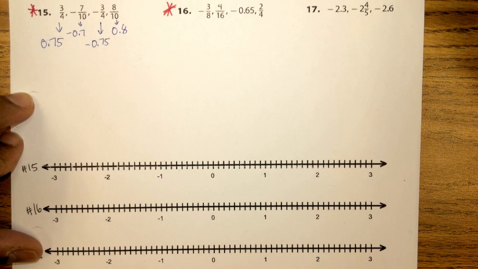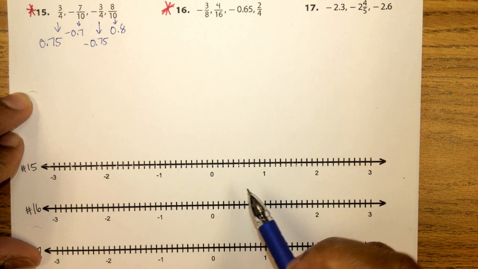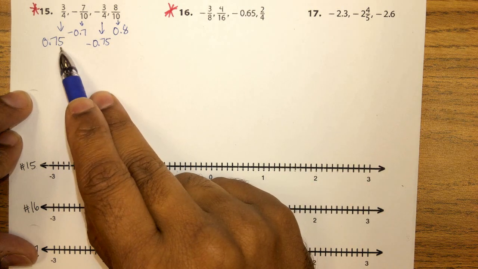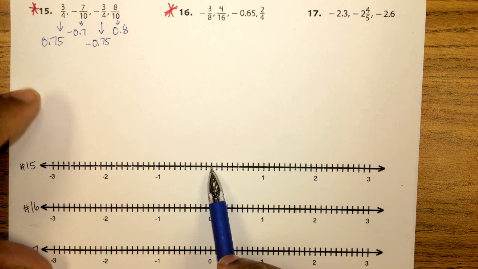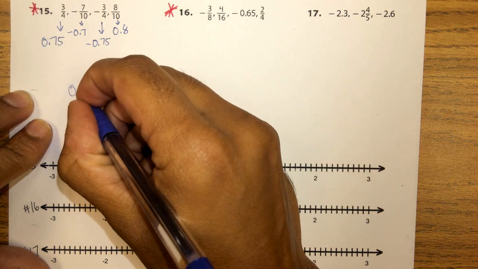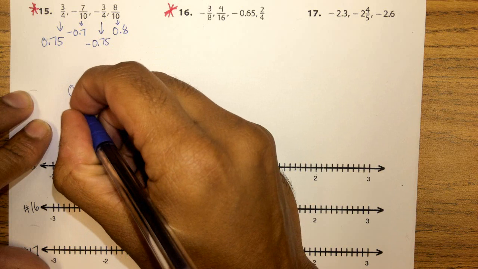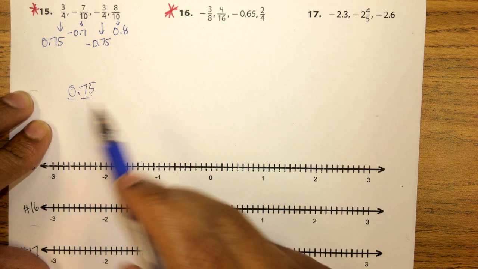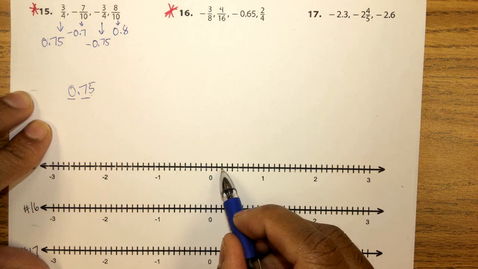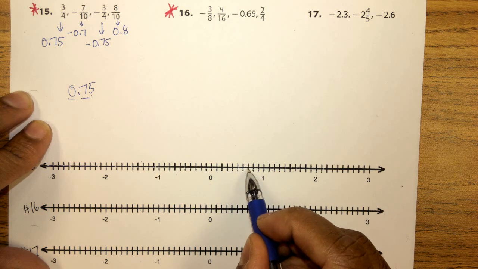Now, let's go ahead and look at number 15, and let's plot our points. The first one is 75/100. I start at 0. Then I go 7/10 to the right: 1, 2, 3, 4, 5, 6, 7.